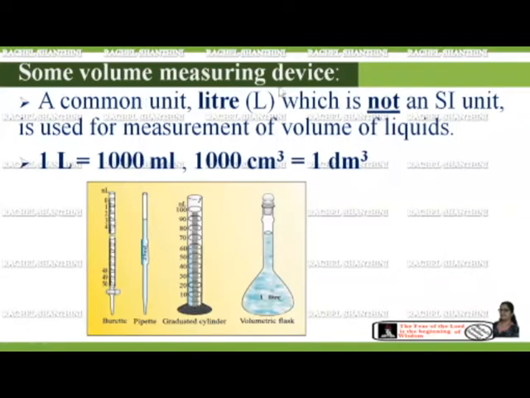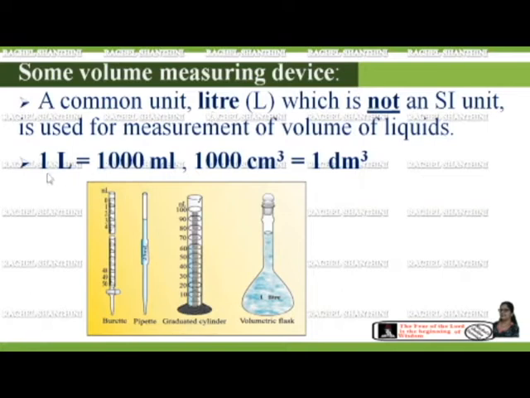Some volume measuring devices for solutions. These are some volume measuring devices for solutions in the chemical lab. They are burette, pipette, graduated cylinder and volumetric flask. Generally, we express the volume of solution in liters, but liter is not an SI unit.